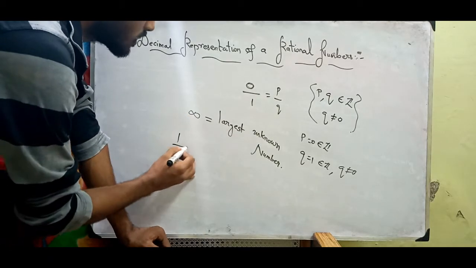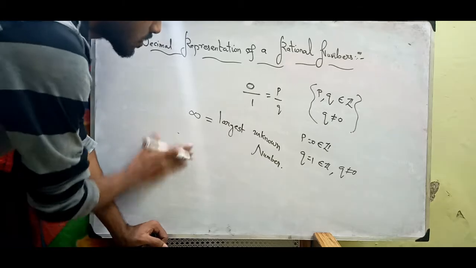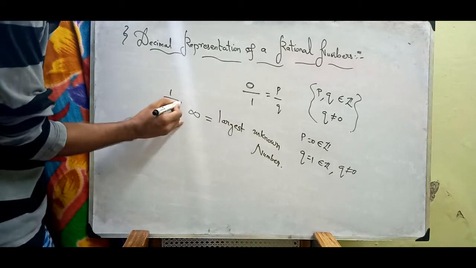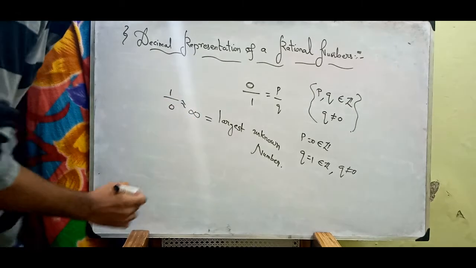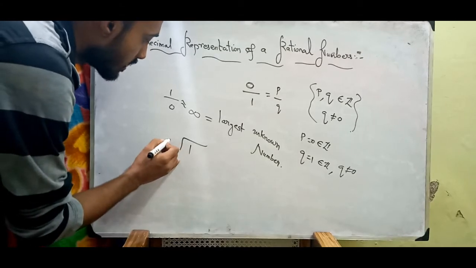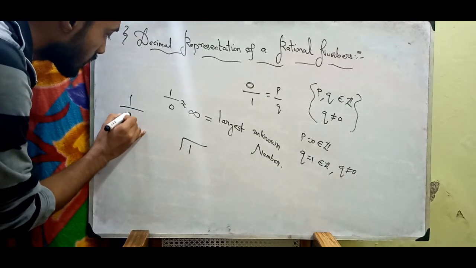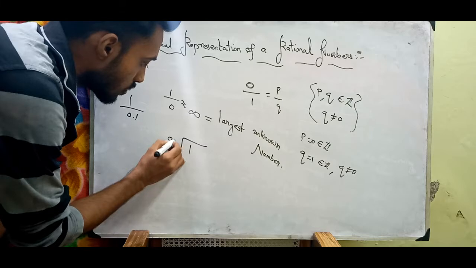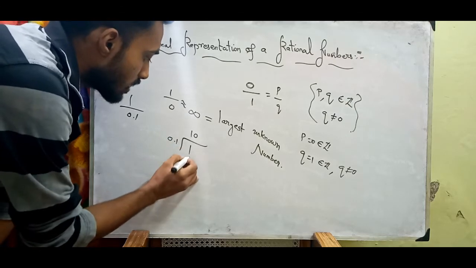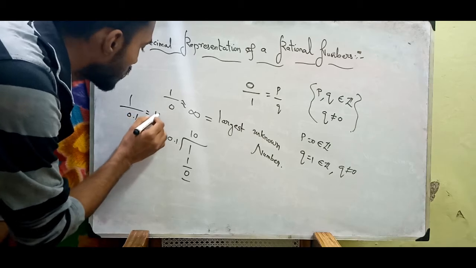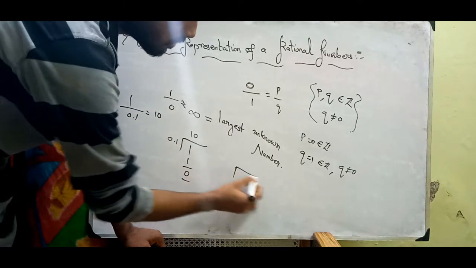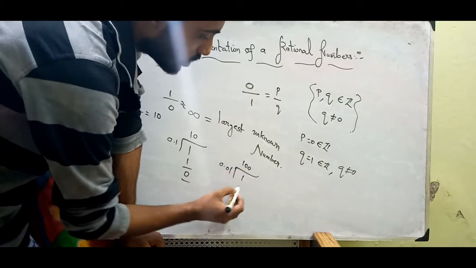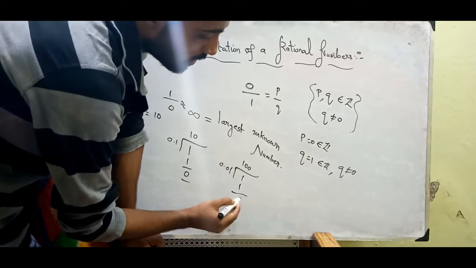We can find 1 upon 0 in this way. Before we go ahead, 1 upon 0 is infinity. We can't say it is equal, it is approximately equal. Let us say 1 by 0.1. I'm just moving through decimals. For 0.1, 10 times 1, so we get 10. In the same way, for 0.01, the quotient will be 100 and the remainder will be 0.